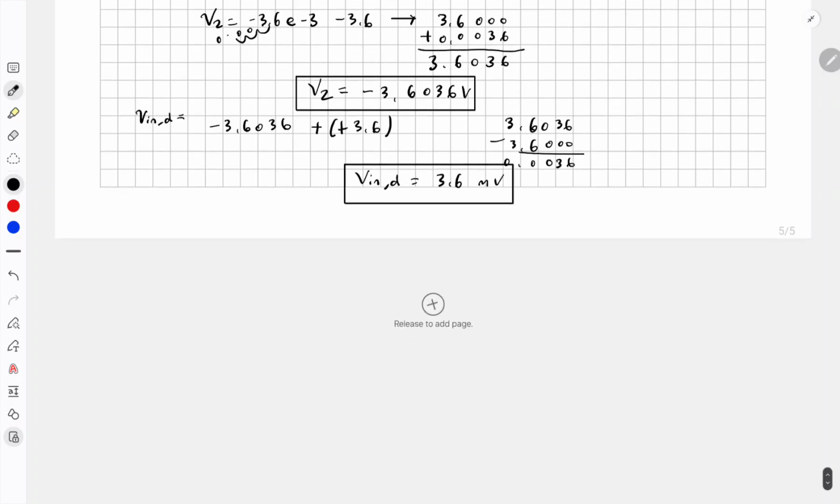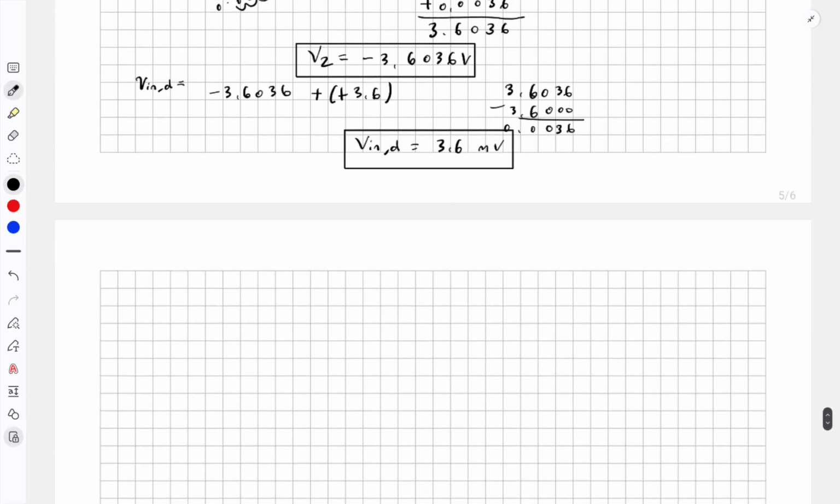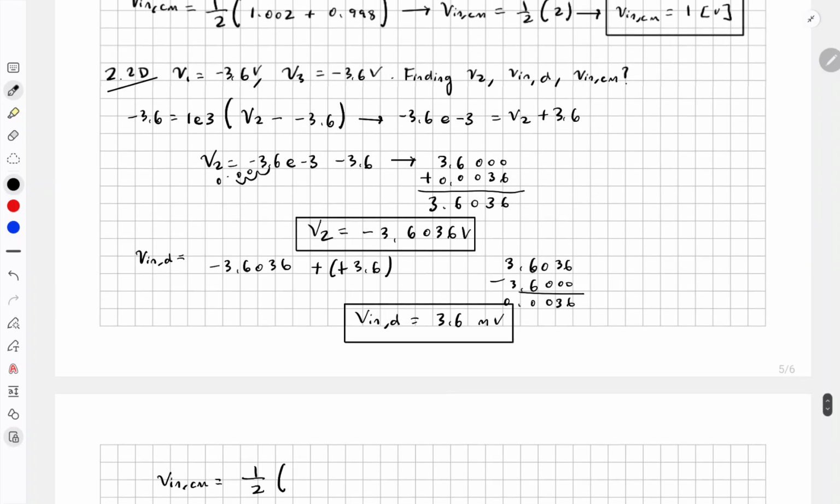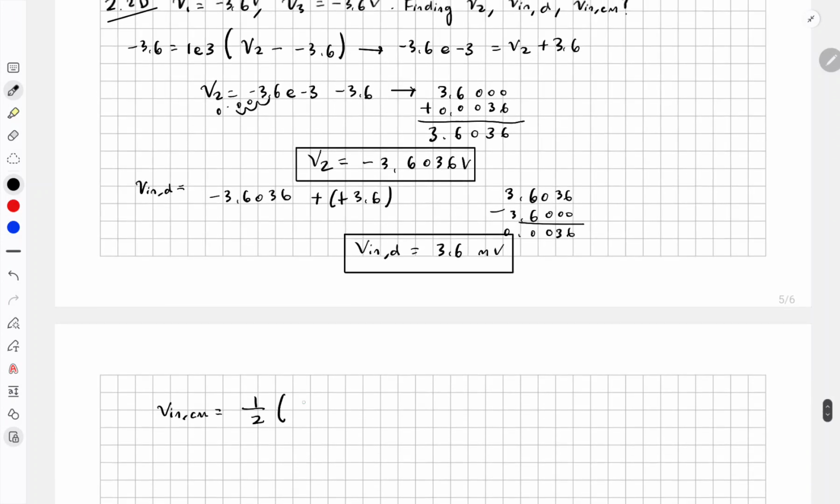And finally, let's do V in common mode. We just take the average of Vin1 and Vin2, so Vin1 is negative 3.6 volts and Vin2 is negative 3.6036.